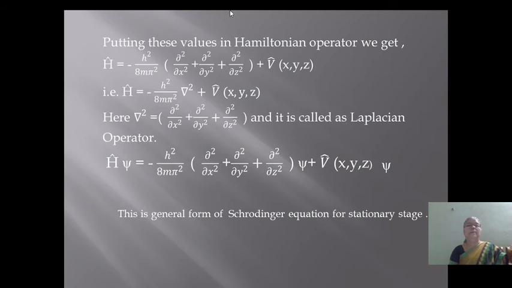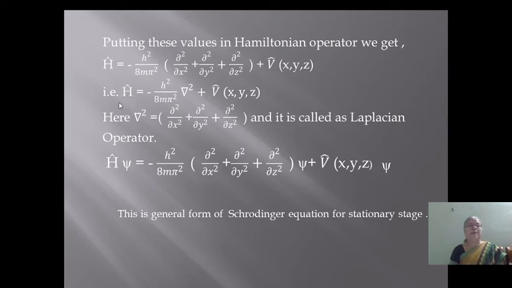Then putting these values in the Hamiltonian operator, we get the Hamiltonian operator equal to h square upon 8 pi square m in bracket dou square by dou x square plus dou square by dou y square plus dou square by dou z square, plus the potential energy operator along x, y, z.